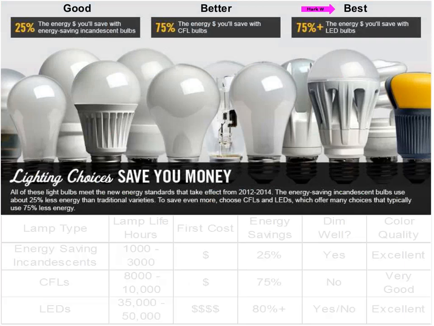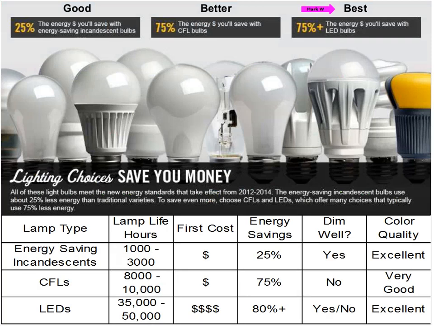Now, there's some performance features that will help you decide which of these is going to be the choice that you want to make. And this will also apply for other lighting fixtures as well. Lamp life is one of the considerations. The energy-saving incandescents are going to have the shortest lamp life, where the LEDs are going to be the longest.